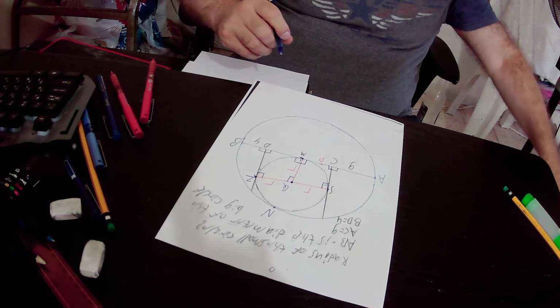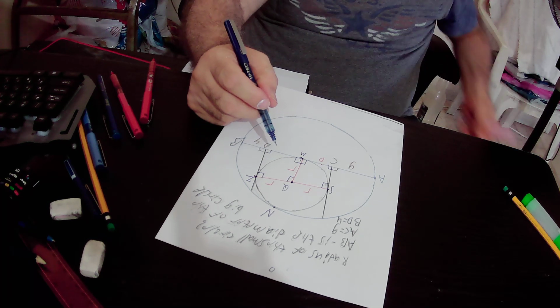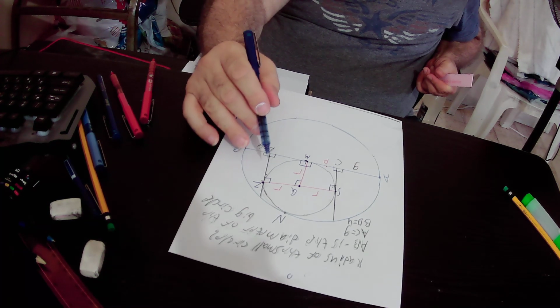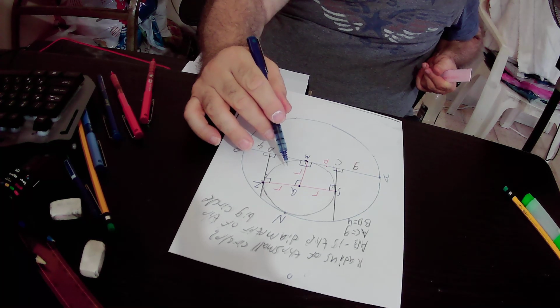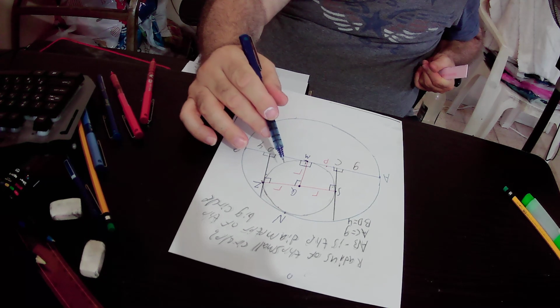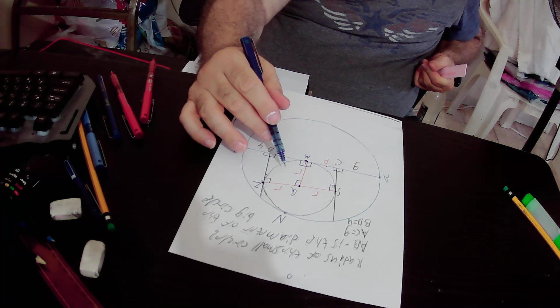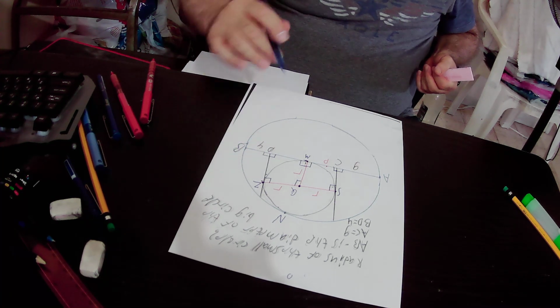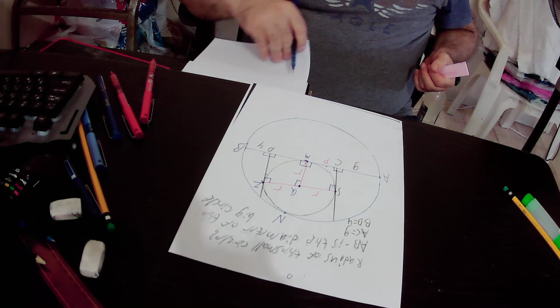So we have here quadrilateral QZMD that has four right angles. Therefore, according to rule number 3, quadrilateral QZMD is a rectangle. Okay, I write it down.